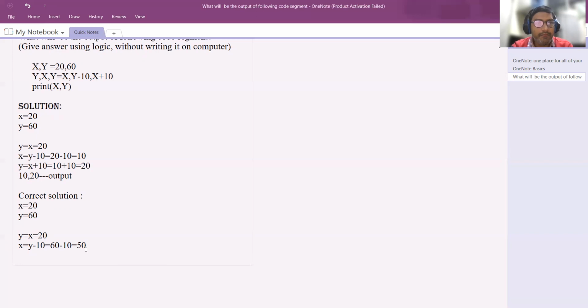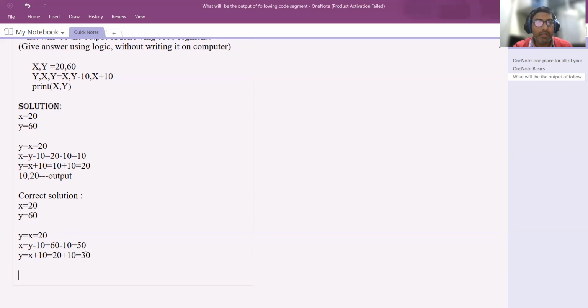And then we have y is equal to x plus 10. Now what is the value of x? We will take the value of x given in the previous line, that is x is equal to 20, the initial value. So 20 plus 10, that is 30.